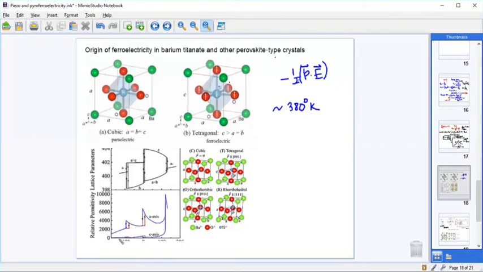The indication of the ferroelectricity in barium titanate is provided by the hysteresis loops, observed at temperatures below the transition temperature, that is 107 degrees. At temperatures above the transition, the loop reduces to a straight line, and the spontaneous polarization as a function of temperature is shown here.